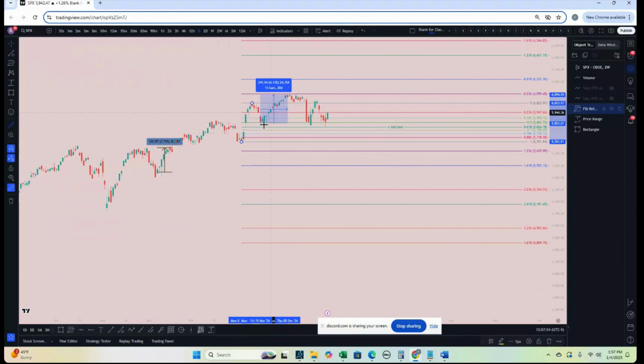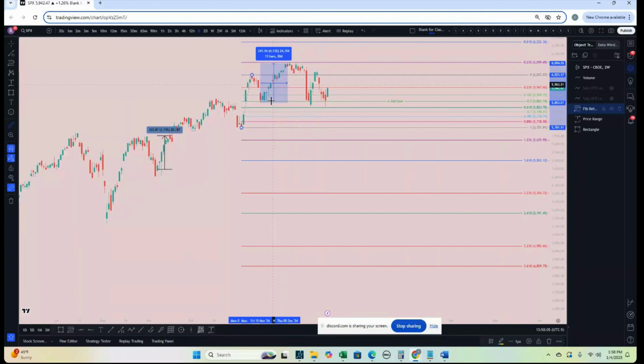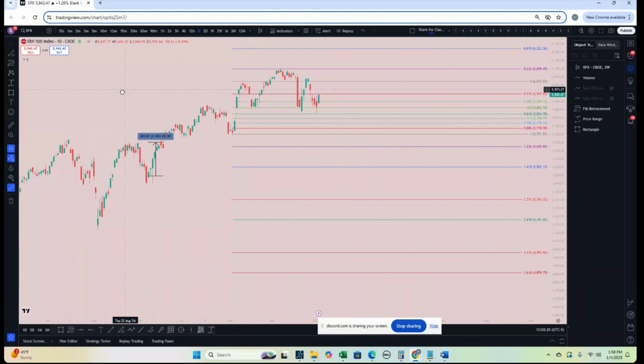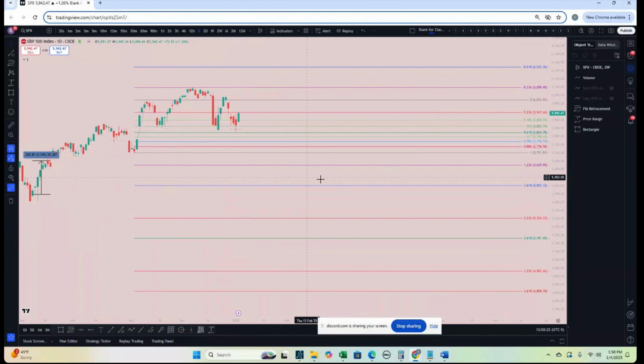Could have sat this trade. Didn't really have a real drawdown. You might have had some loss in profit, but not necessarily drawdown. SPX didn't drop past 5386, 5862, maybe for an hour, and then it pushed up. You're never in danger, right?